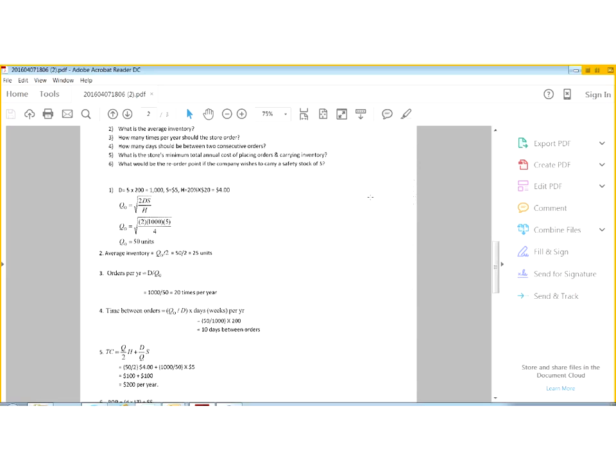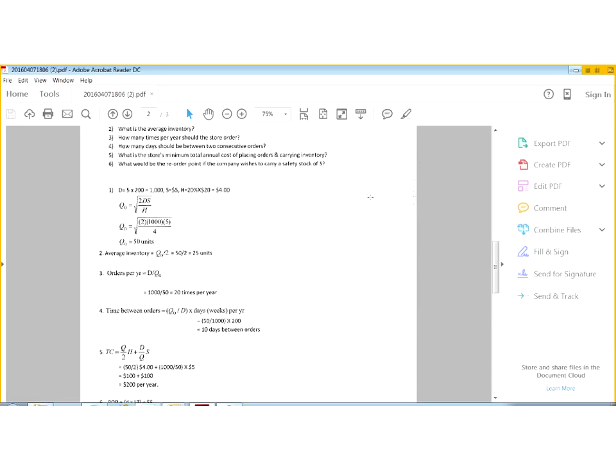Question number 4 talks about the time between orders. So how many days should be between 2 consecutive orders? The formula for it is the inverse of question number 3. Just flip those two, numerator and denominator.